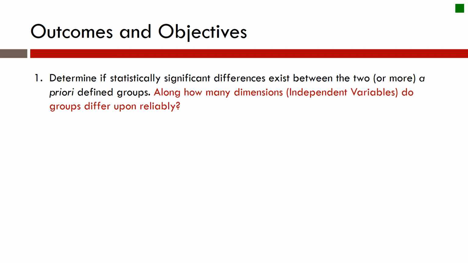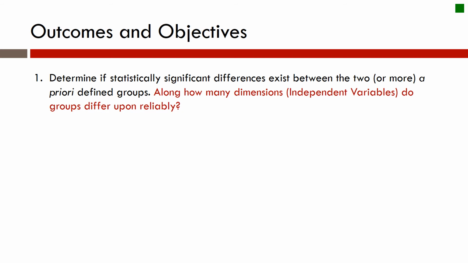All right, so some other aspects here, outcomes and objectives then, generally speaking, of the discriminant analysis that we're running here. We want to be able to determine if statistically significant differences exist between two or more groups. And now these groups, very, very importantly, need to be defined in advance.